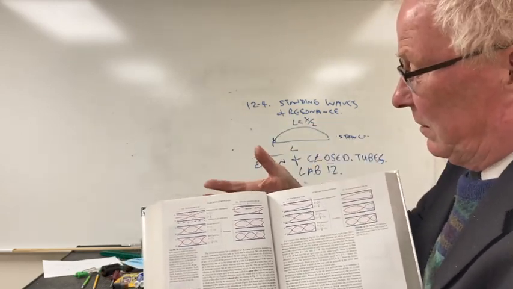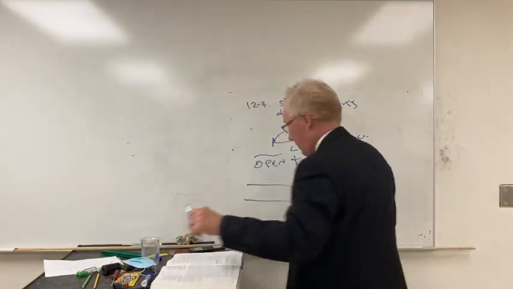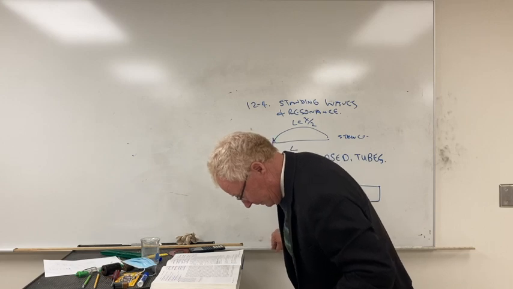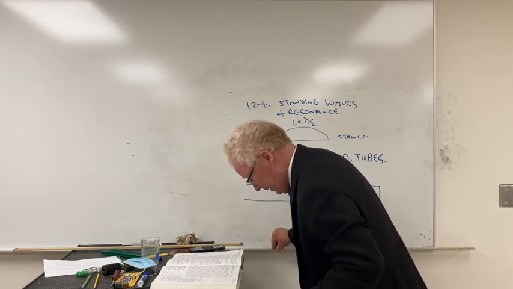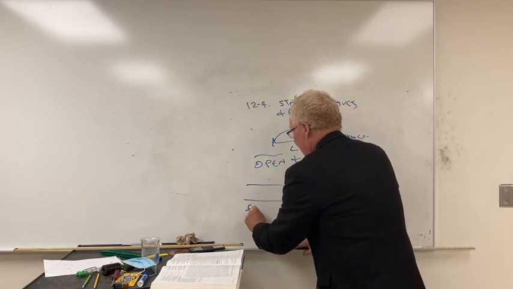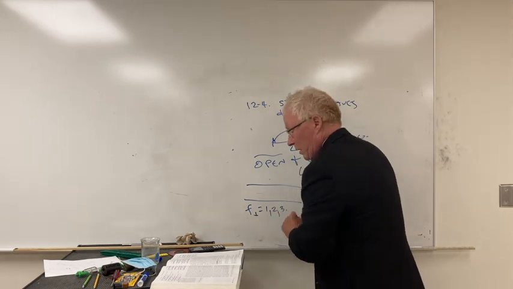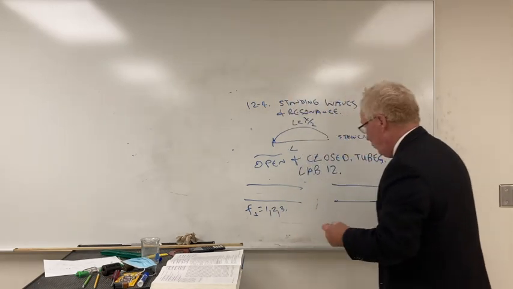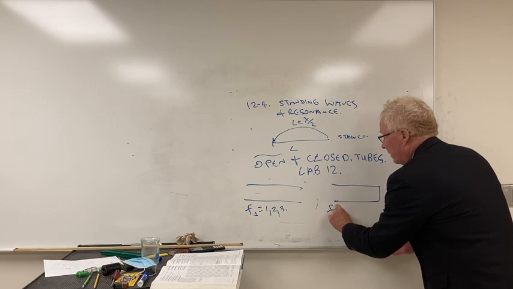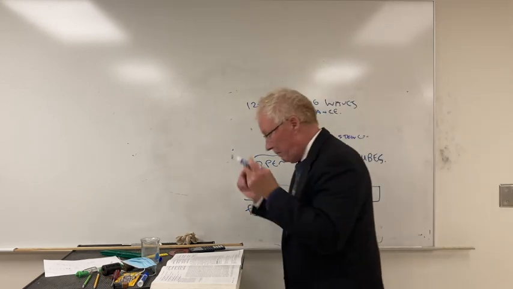As far as how they work, again, for the open tube, the harmonics are f is 1, 2, 3, and so on. For the closed tube, they're just odd: 1, 3, 5, and so on.